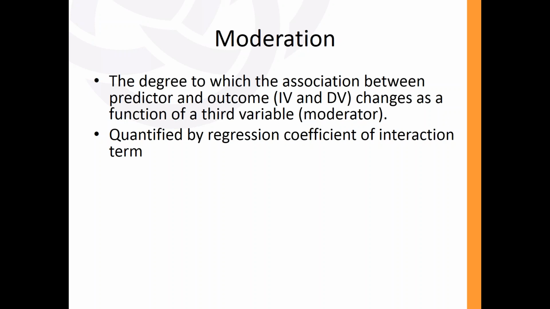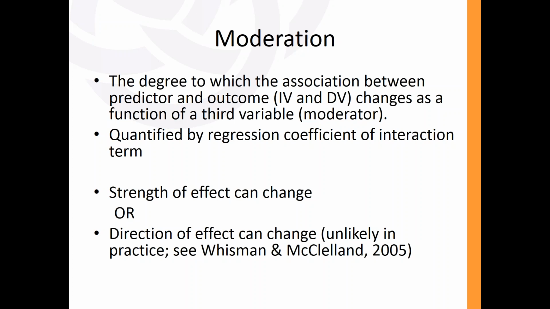And we'll talk about the technicalities of that, but basically you end up with three predictors: the IV, the moderator, and their interaction. So keep that in the back of your mind, and we'll come back to it.